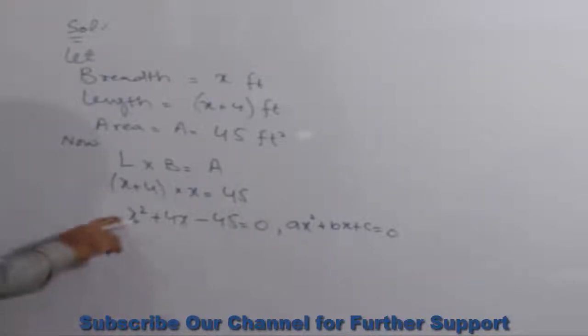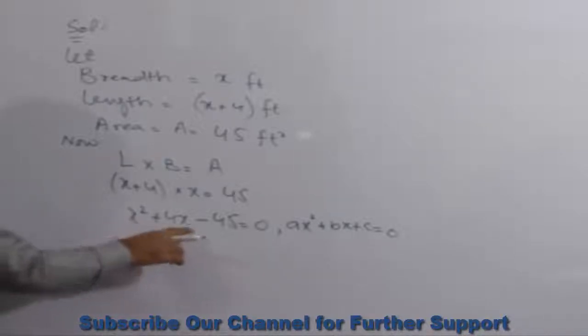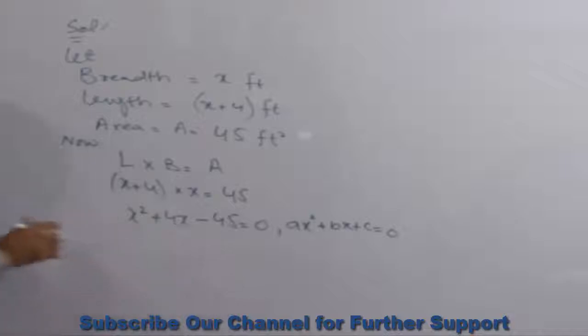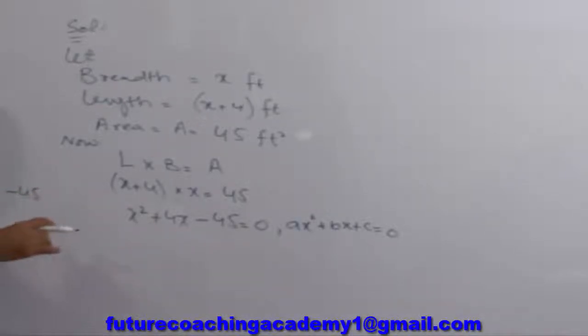So we multiply the leading coefficient, that is the coefficient of x square, with the last constant value, and we get minus 45. We check two factors whose product is 45 and their difference is 4, and that is 9 times 5. So 9 times 5 is 45 and 9 minus 5 is 4.